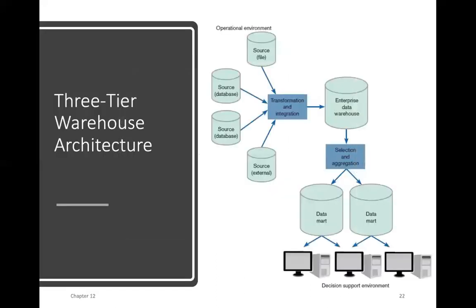We can see it here, for instance. We'll have all the different sources of data transformed and integrated, they go into our enterprise data warehouse, and then we can take component parts that are relevant to my world. If I'm in an accounting department, I can have access and control over only that small area that is relevant to me to make a decision.